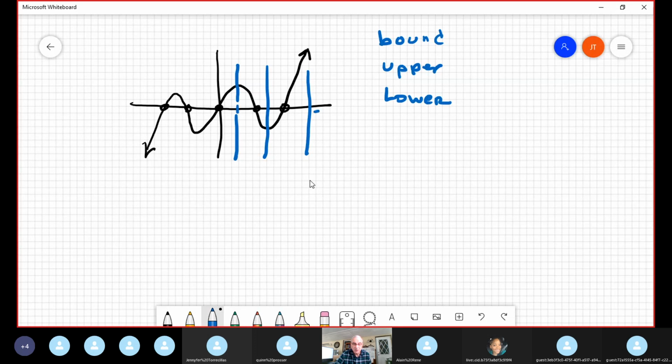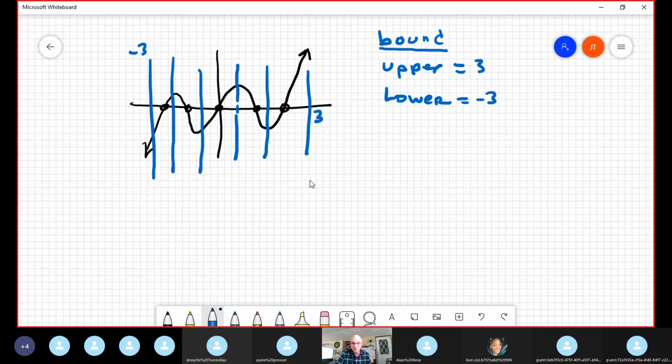And I suppose that 3 is the upper bound, because every zero is smaller than 3. And likewise, in the negative part, you try -1, -2, -3. In this case, it's a coincidence. The lower bound is -3.